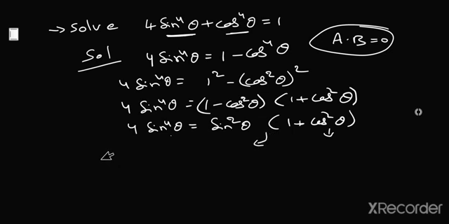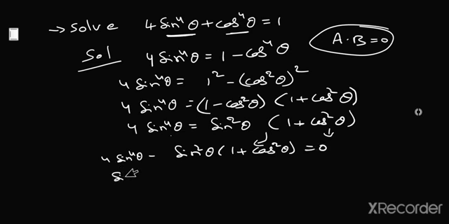it becomes 4 times sin power 4 theta minus sin square theta into 1 plus cos square theta equals to 0. If you take sin square theta common, it will be 2 sin square theta, 2 times sin square theta minus 1 minus cos square theta should be equals to 0.